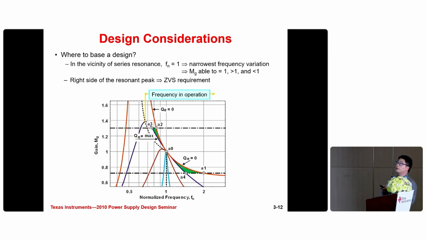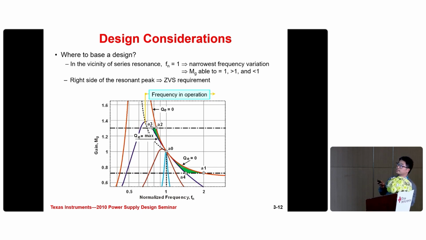Now, where do we base a design on this gain plot? I think the design can be made in the vicinity of this unity gain. At this point, it can make the slightest frequency variation.